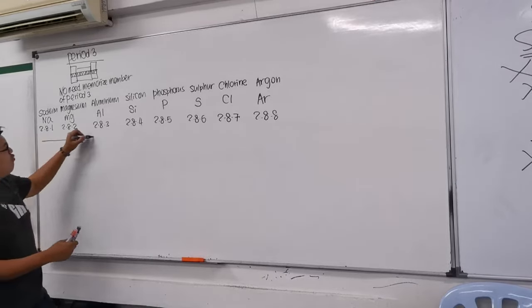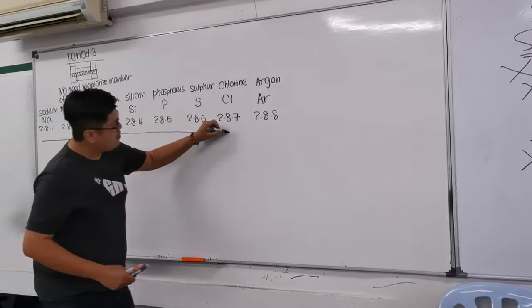This particular action is called moving across the period. Group, moving down. Period, moving across. And the direction cannot be wrong, left to right, not right to left. These are some small details you have to be careful about.